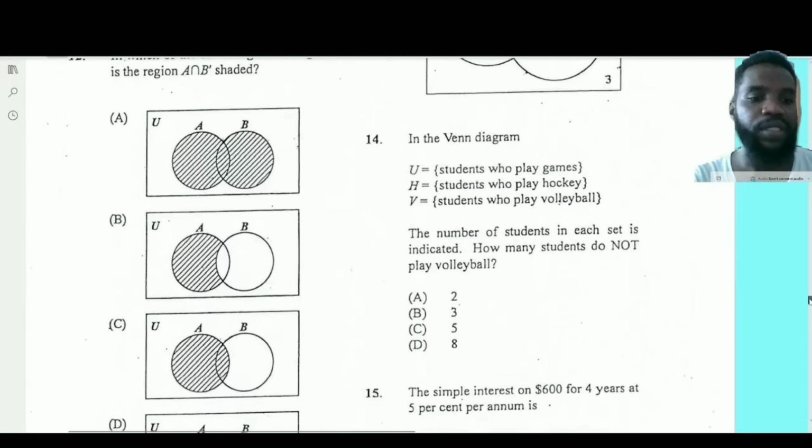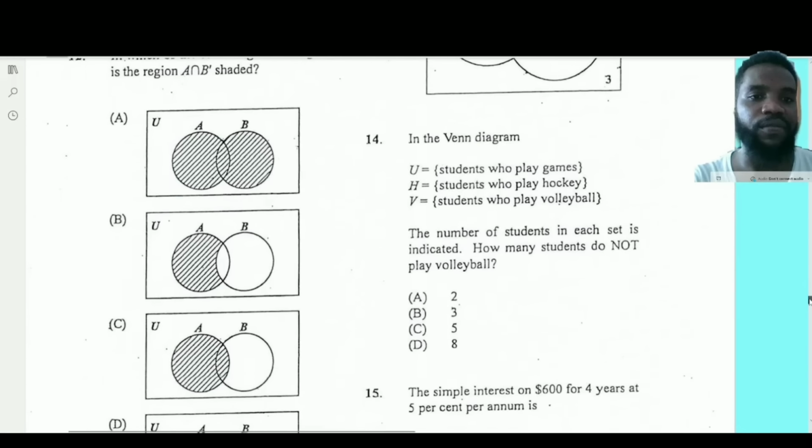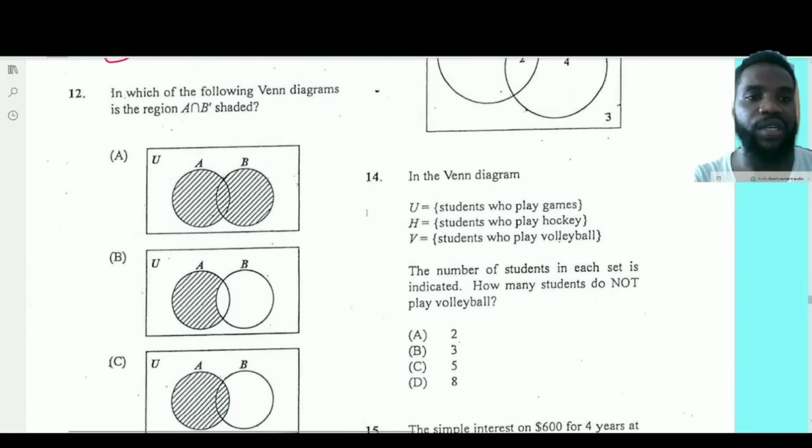All right. Question number 12. It says, in which of the following Venn diagrams is the shaded region A and B complement? All right, here's the next way to read A and B complement so it makes more sense when you want to remember it. You want to find A, the intersection means and, and the complement means not. So it's A and not B. You want A and not B, which means you want A only, or A without the intersection.